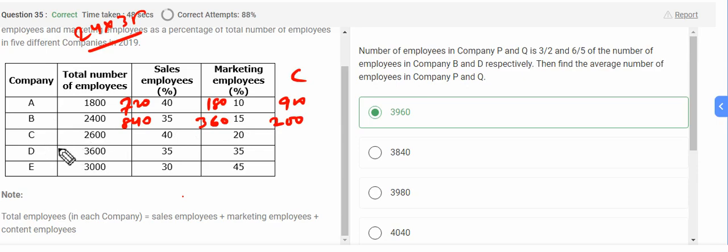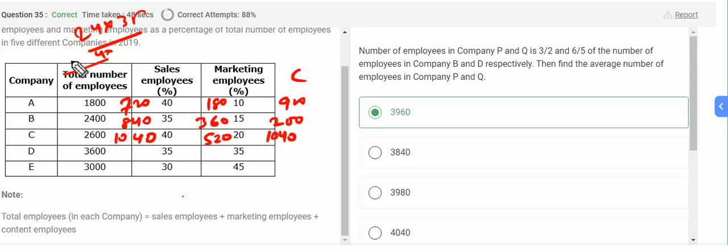Okay, for company C. 26 into 40, so 1040. Again we have 20%, which is 520, and the rest 40%, because we have already calculated the 40%, so it will be the same over here, because sales employees are 40%, 20% are marketing employees in company C, and the rest 40% will be of the content department.